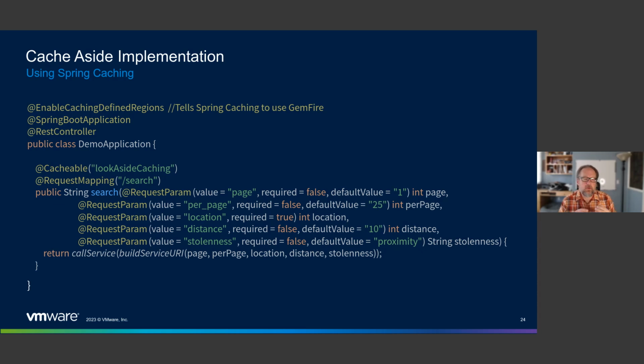With that one on the search method, it's just an annotation on there, right? Where I can say, hey, if it's a cache miss, so think of that if statement where I had the get. If I have a miss, go ahead and call this method, and then I'll store the results to be cached later.